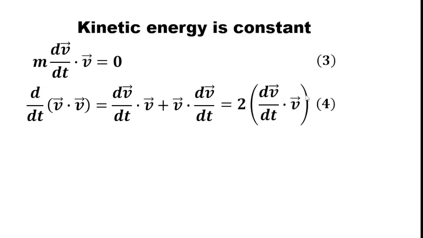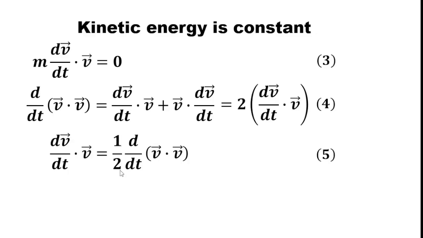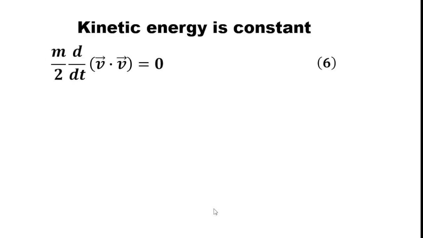Now, from equation 4, we see that dv over dt, that is the time derivative of v dot v, is equal to half times the time derivative of v dot v. Substituting back the value of the time derivative of v dot v into equation 3, we obtain equation 6.